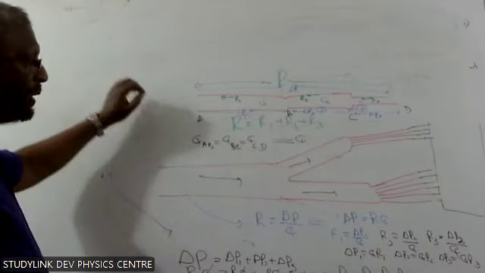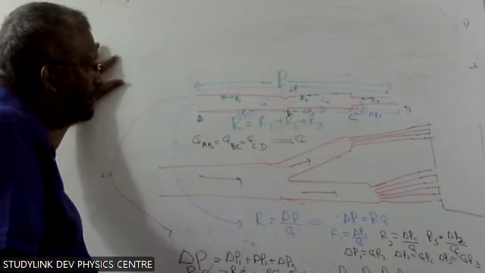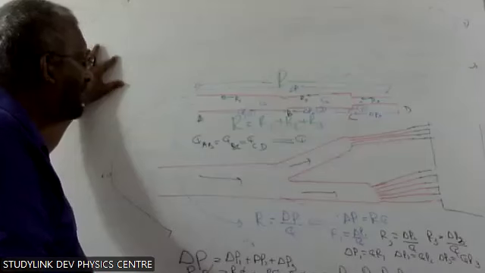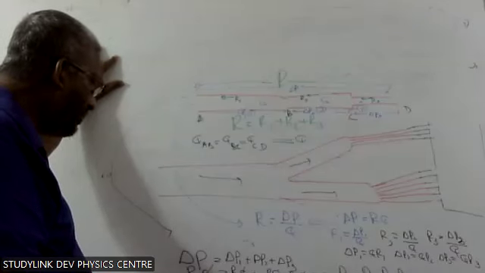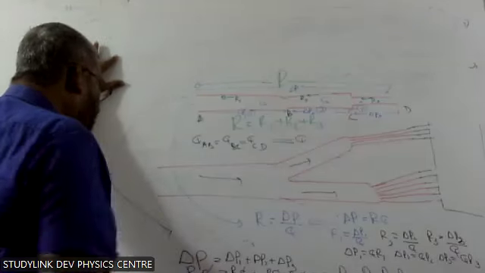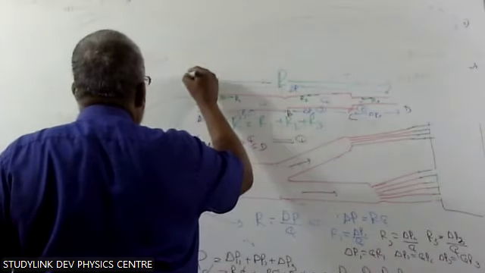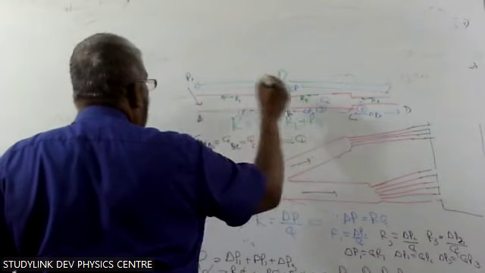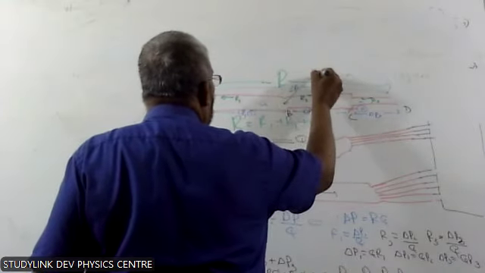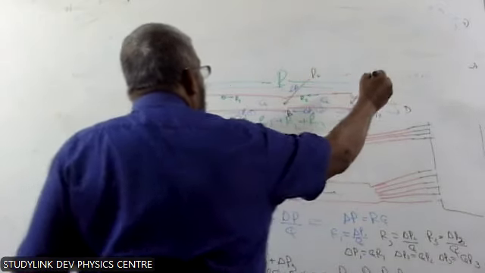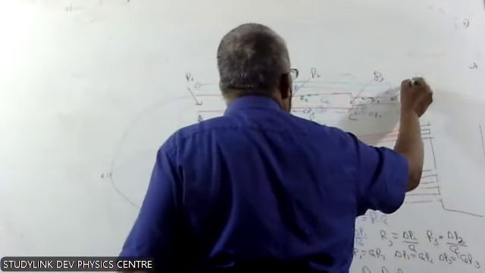Now you can find this situation. If 2 are there, R1 plus R2 only. If you want, you can consider this is P1, this is P2, this is P3, this is P4.